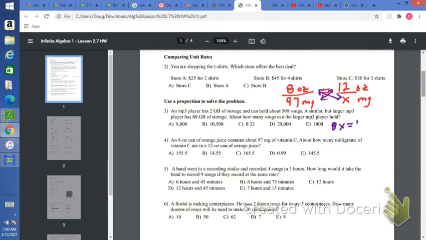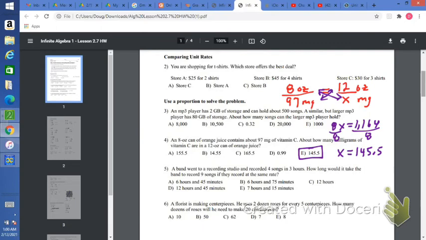That's going to give us 1,164. We're then going to divide by 8 on both sides. So we have x equaling 145.5. So how many milligrams of vitamin C are in a 12-ounce can of orange juice? E, 145.5.